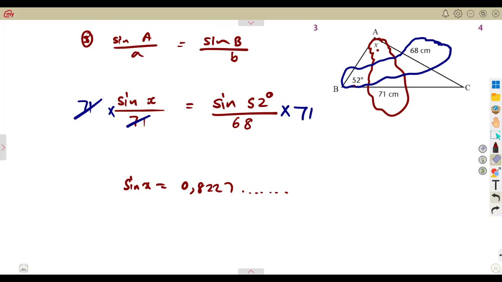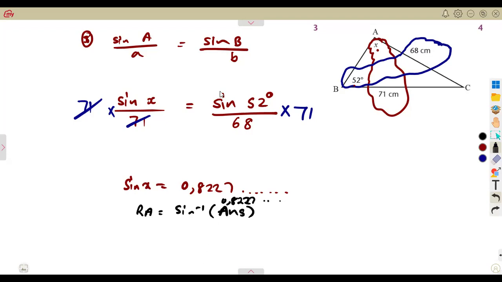So let me just write in terms of that reference angle so that you understand. Remember, the reference angle is arc sine of whatever that you are given here, which is arc sine of the answer that you have on your calculator. This part here, arc sine of this part, which is 0.827227 and so on and so on.